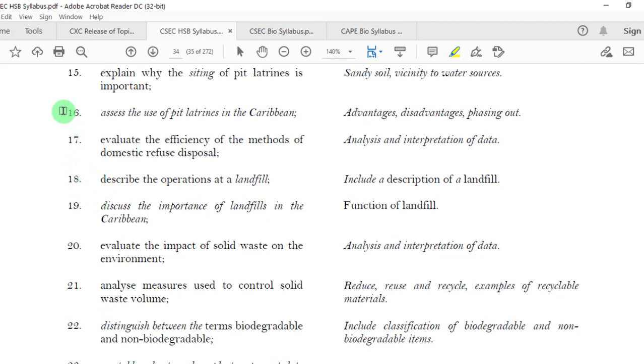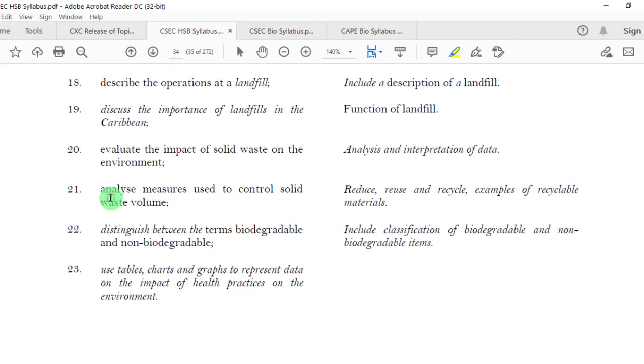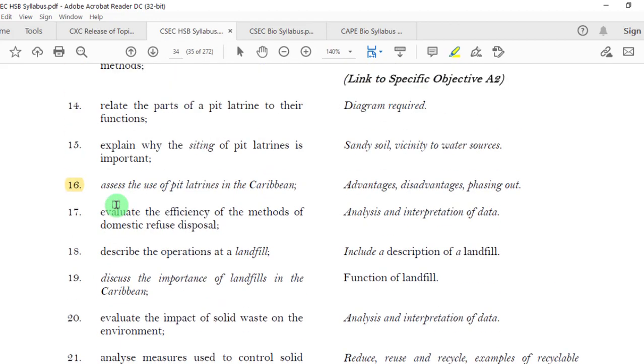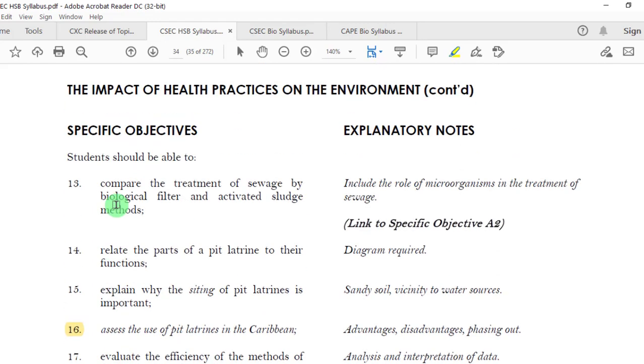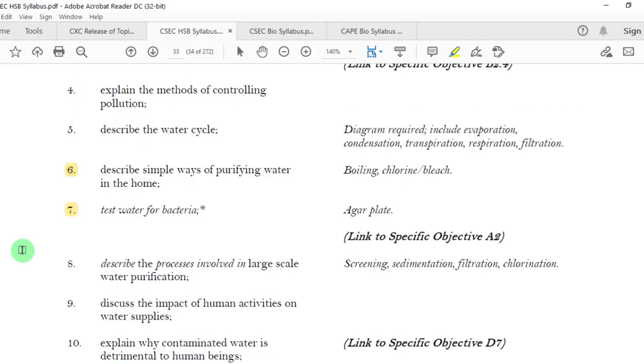So you can stop at about objective 16, because the rest of it has to do with more environmental health, etc. So that is section E, the last topic in your list of topics for the exam. And that's it basically. So let's go on to CSEC Bio.